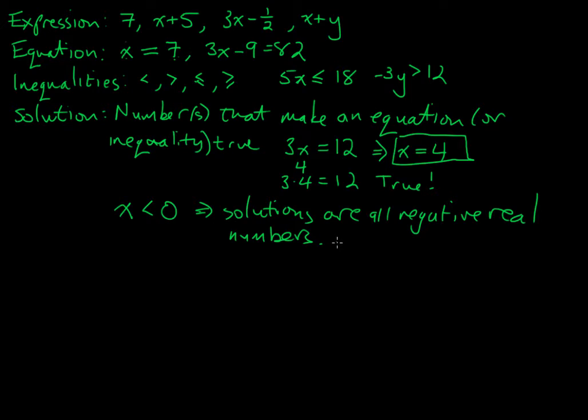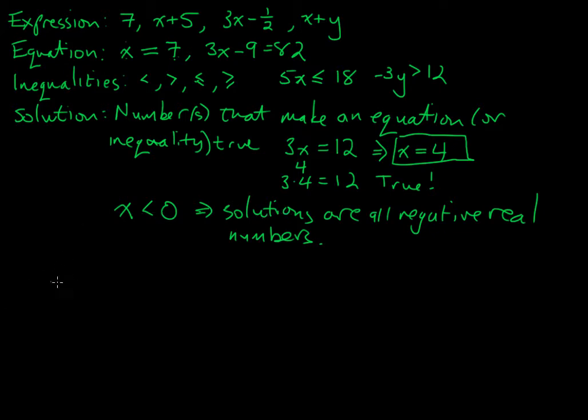But that's the solutions to that inequality. The inequality x is less than 0. So it's all the negative real numbers, everything to the left of 0, basically, on the number line. So there's tons of solutions to inequalities usually. Sometimes there's none, but sometimes everything is a solution, but we'll get to that later.